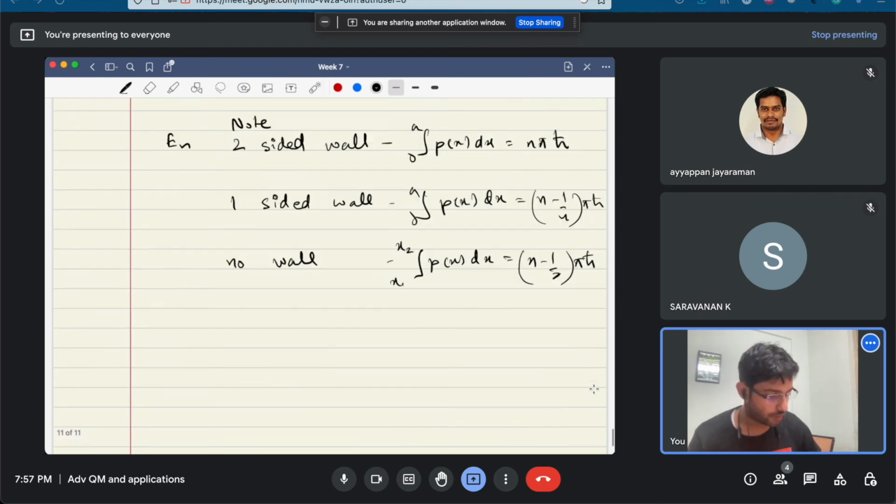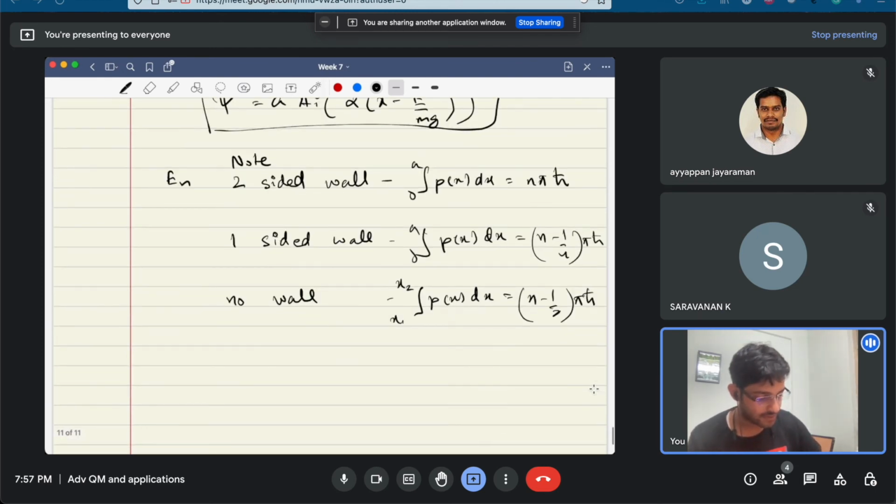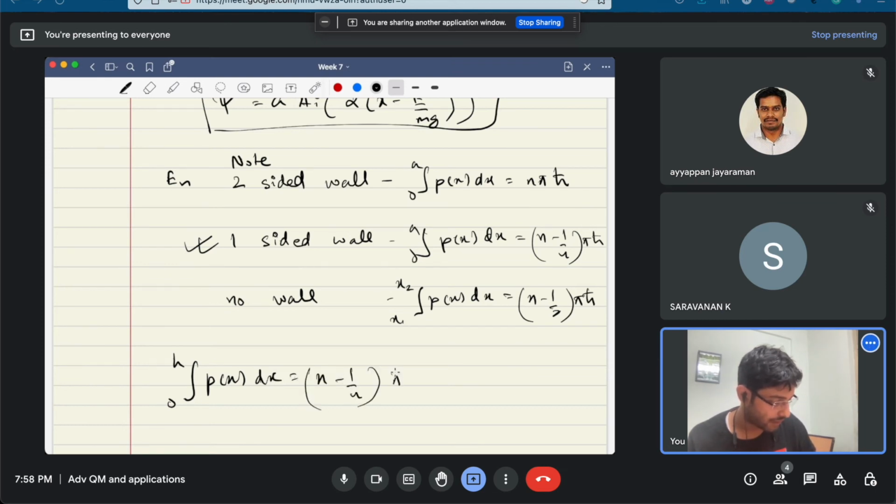In this case there is a one-sided wall, so we only have to apply this formula, and our a is nothing but the height h. So the integral of p(x) dx equals (n minus 1/4) pi h bar.